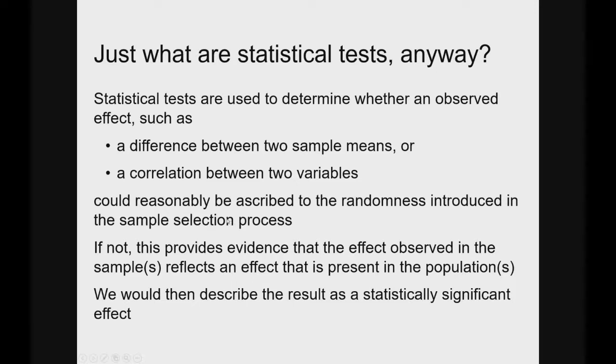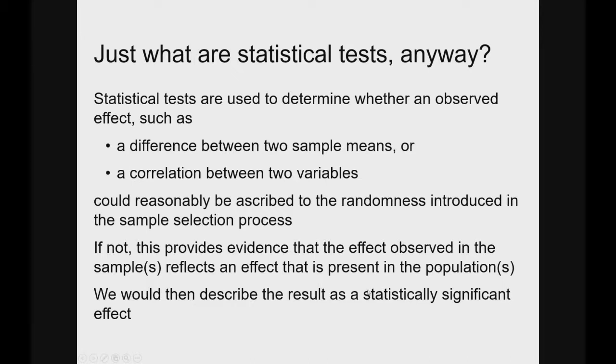So if we do our experiment and we see that the mean values between our two samples are not numerically the same, does that difference actually have any meaning? That's what the statistical test is doing, looking at the values and saying, is that effect that we observed in the data just due to randomness associated with how we set up the experiment?